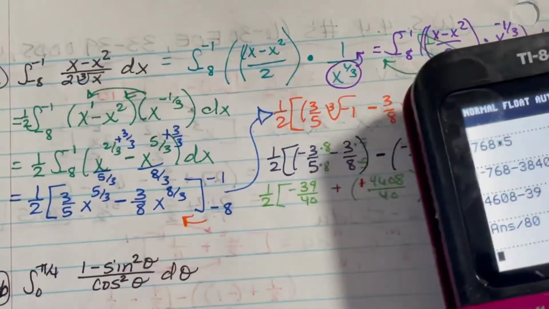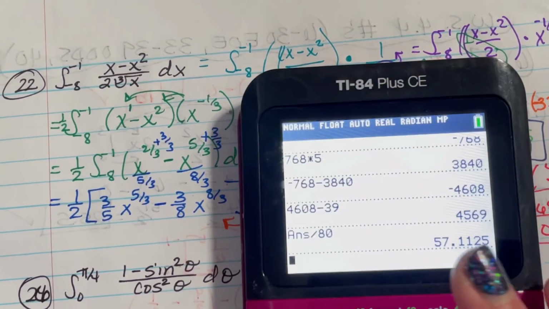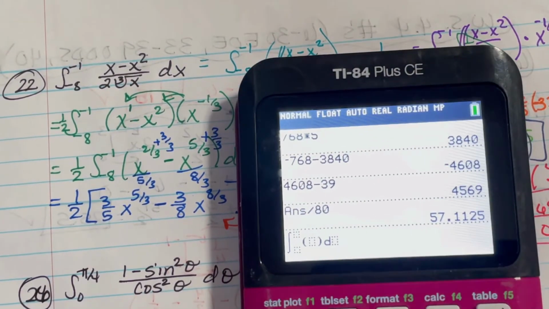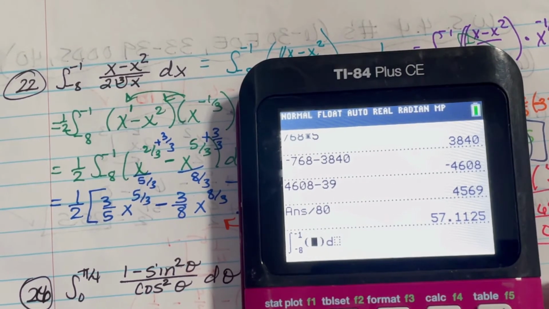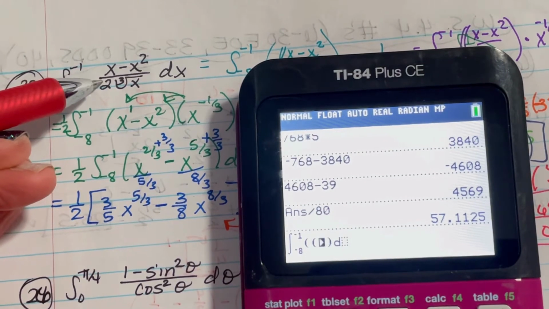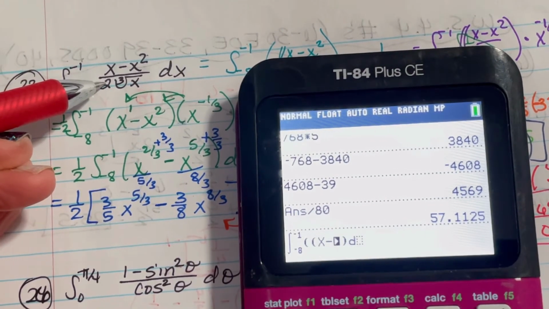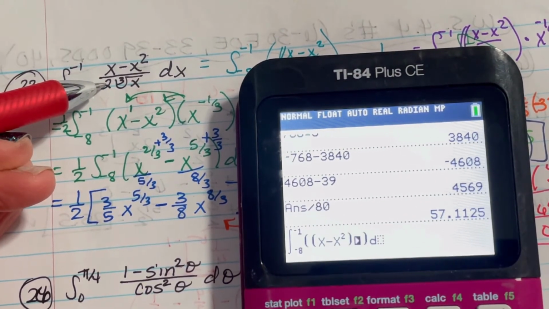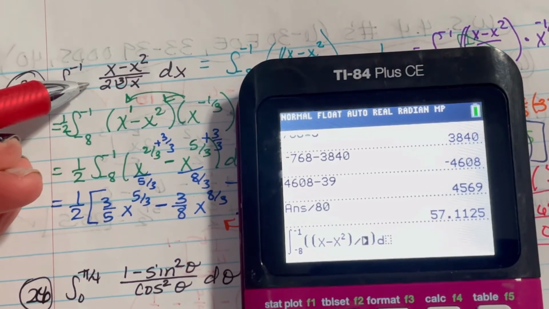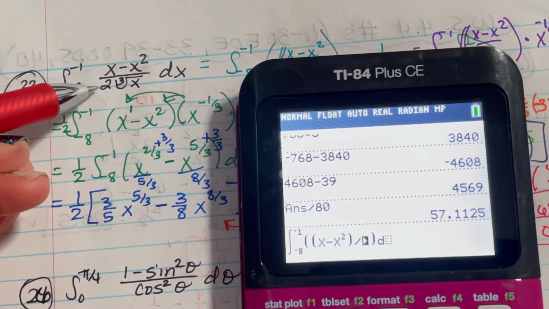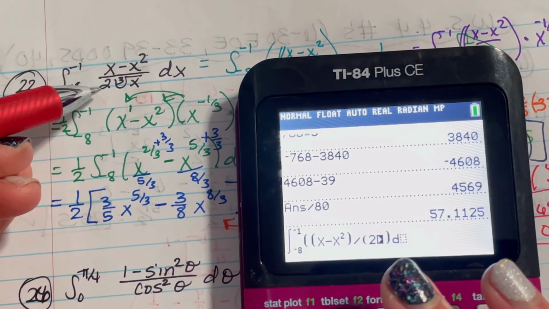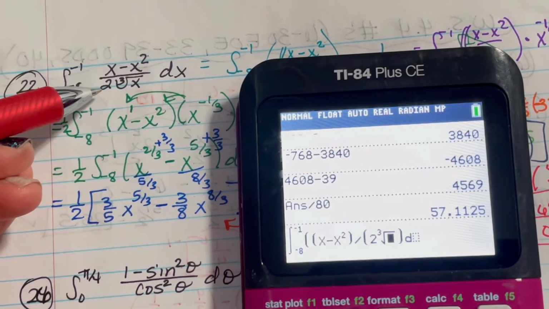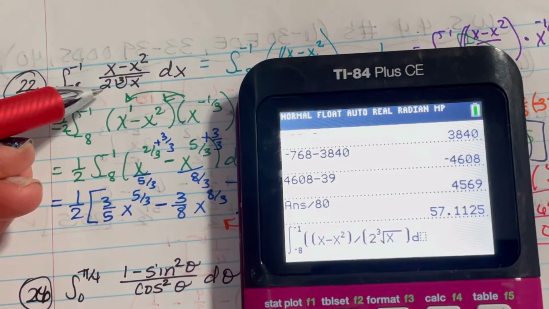Okay, so let's check it in our calculator. Woo! All right, math 9, from -8 to -1 of, I'm going to need that numerator in parentheses. So that'll be x minus x squared, close parentheses, divided by, I'm going to use parentheses because I've got 2 items here also, 2, and then I need to hit math 4 for the cubed root of x.